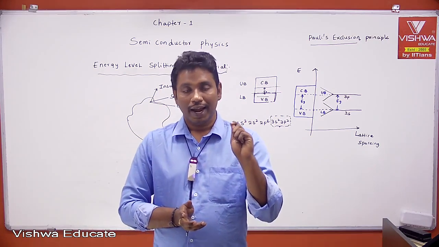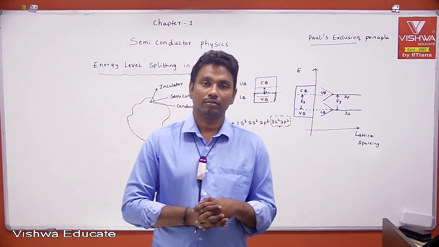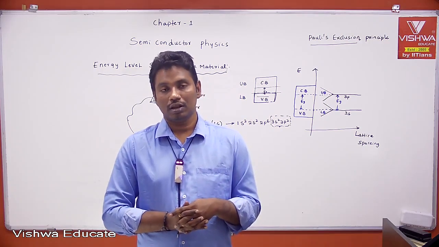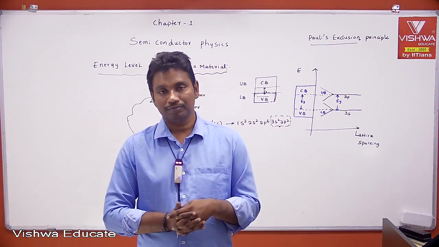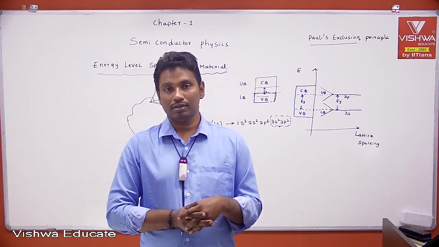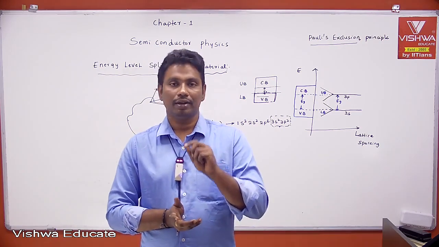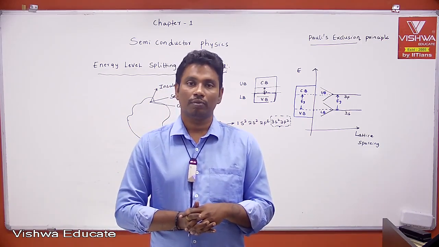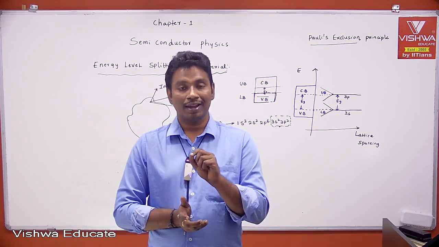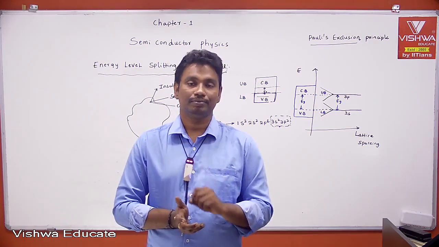Next point. At T equal to 0 degrees Kelvin, all electrons have low energy levels, so that they occupy the lower band. So it is named the valency band. What is it called? Valency band. Underline valency band.